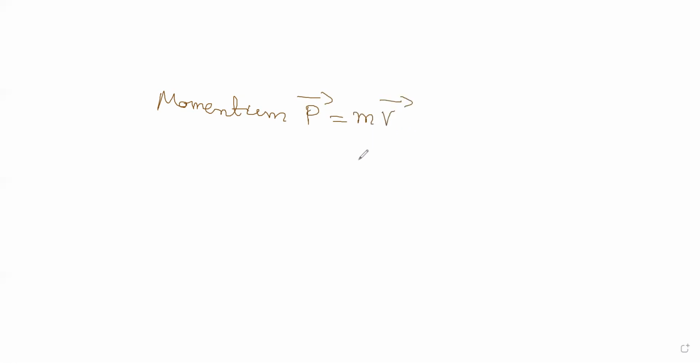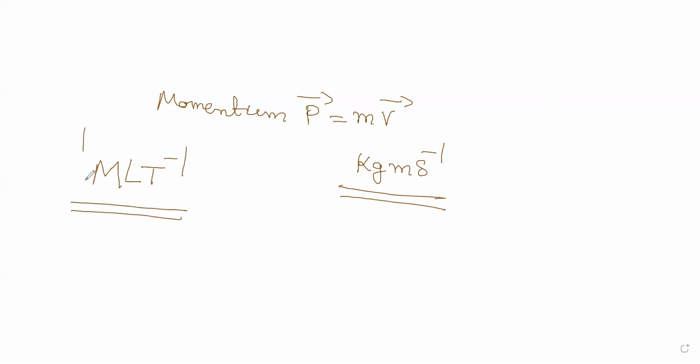Mass is expressed in kg, velocity in meter second power minus 1, so the units are kg meter second power minus 1. Dimensional formula wise, it is M L T power minus 1. This is called momentum. Okay, clear?